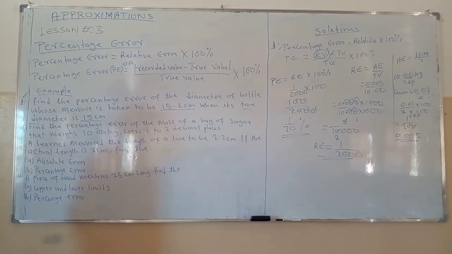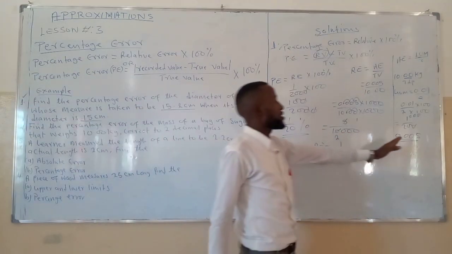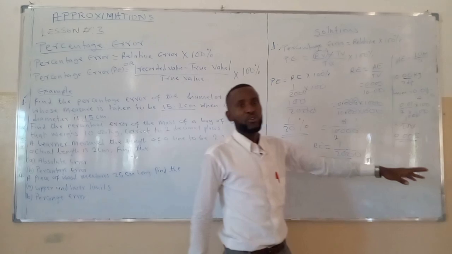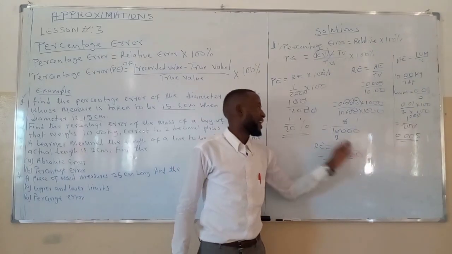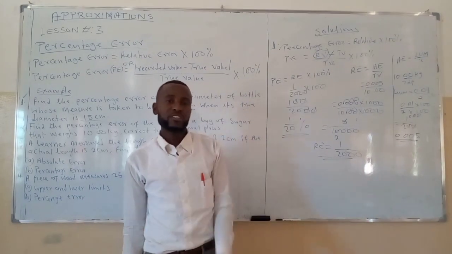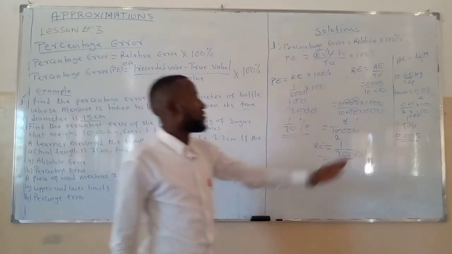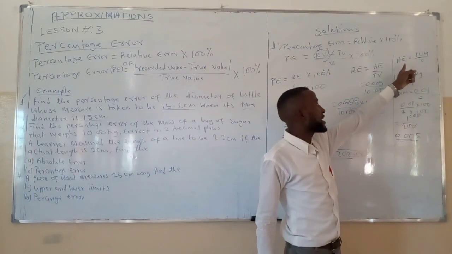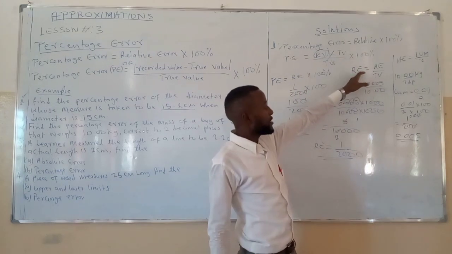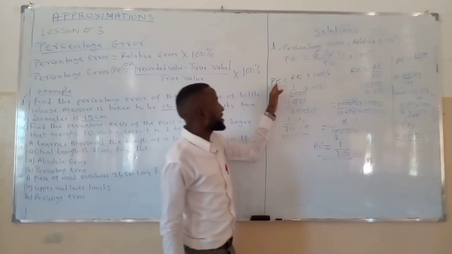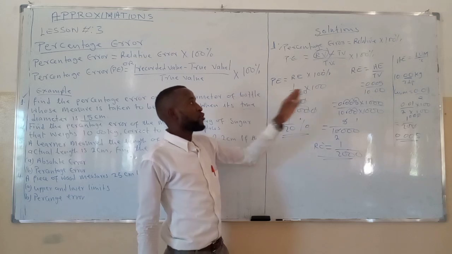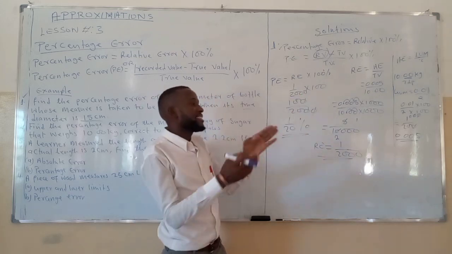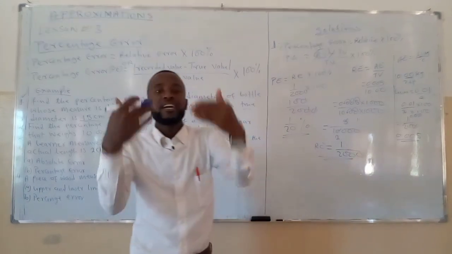As you can see, this one involves a lot of concepts. If you missed one lesson video, then it means that you cannot answer this kind of question by watching this video alone. So you need to have the knowledge of how to find the absolute error, and you need to know how to find the relative error. Then you can answer the percentage error. Each concept is pushing you to do something intense.